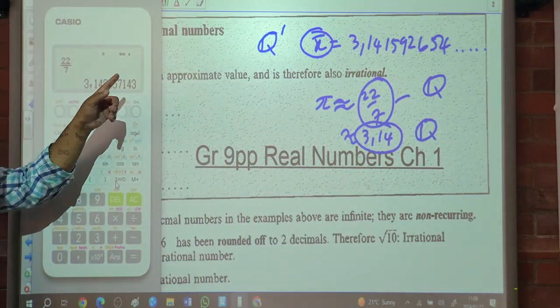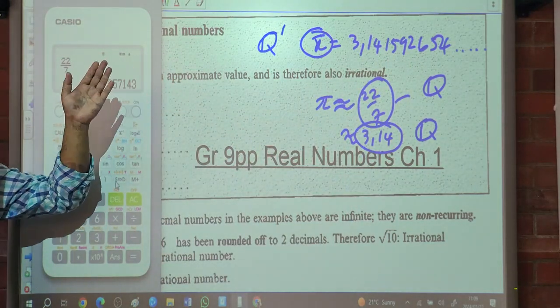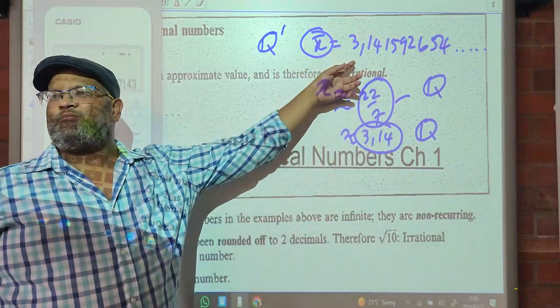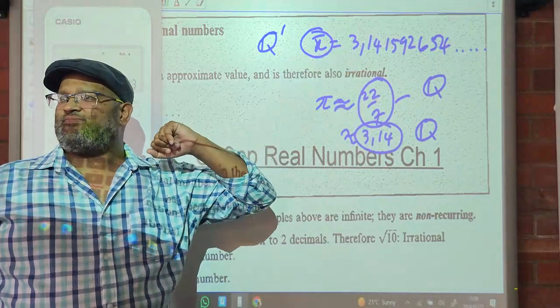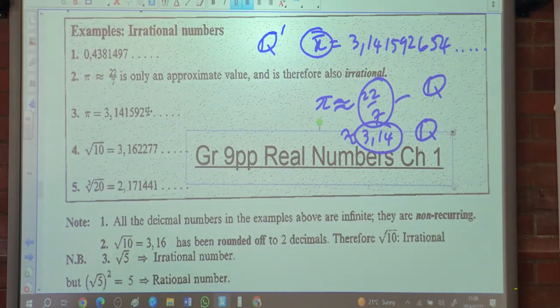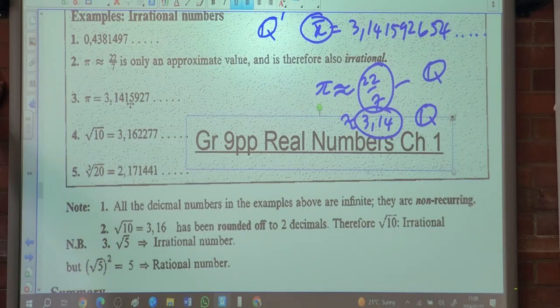So even from there you can see that fraction is not far off, but is of course not exactly the same. Okay. So here it says 22 over 7 is only an approximate value of pi, and pi is irrational. Then we say pi is 3,1415.